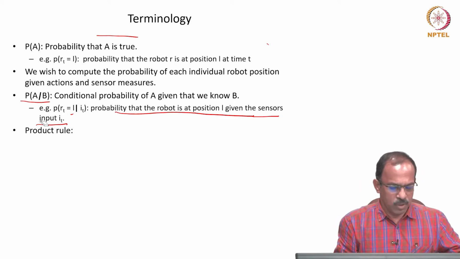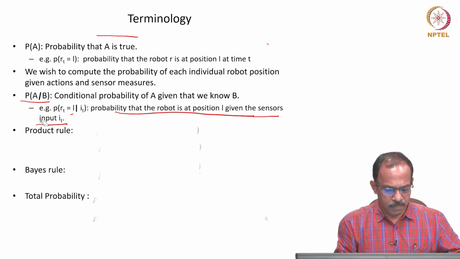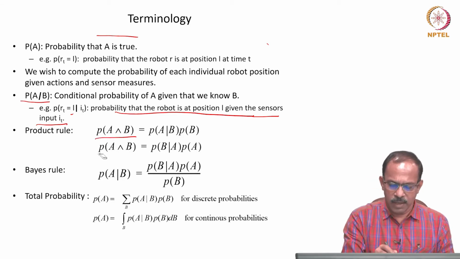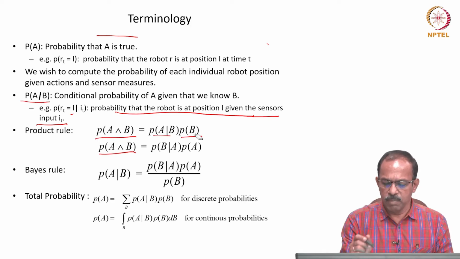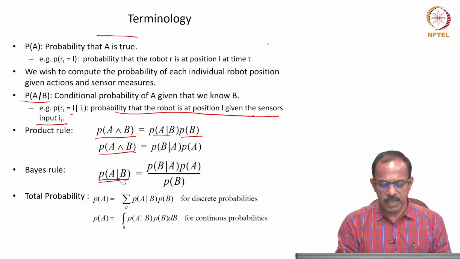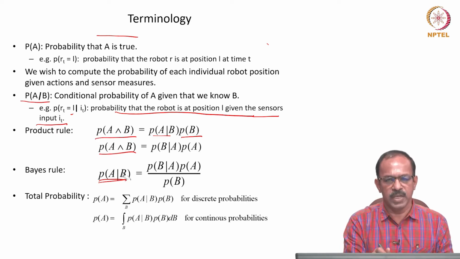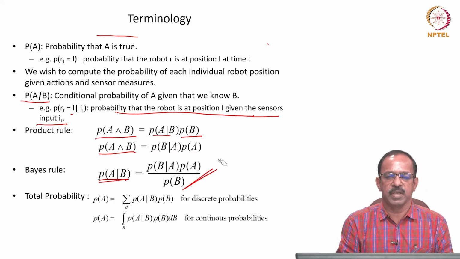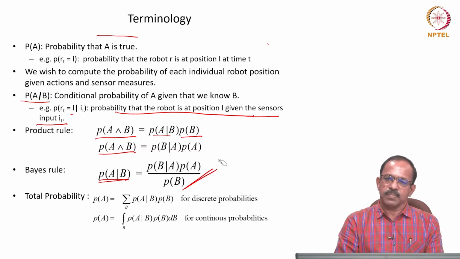And then there is the product rule: P(A and B) equals P(A|B) multiplied by P(B). And the Bayes rule: the conditional probability of A given B can be obtained as P(B|A) P(A) divided by P(B).